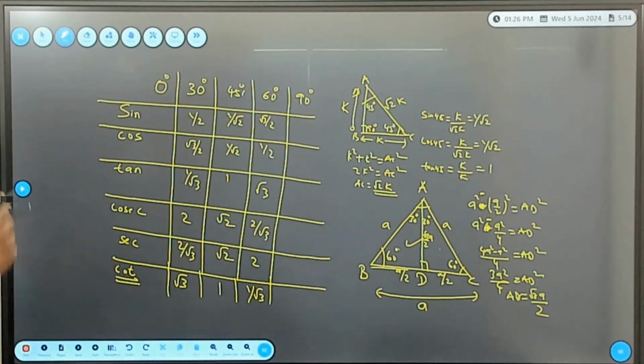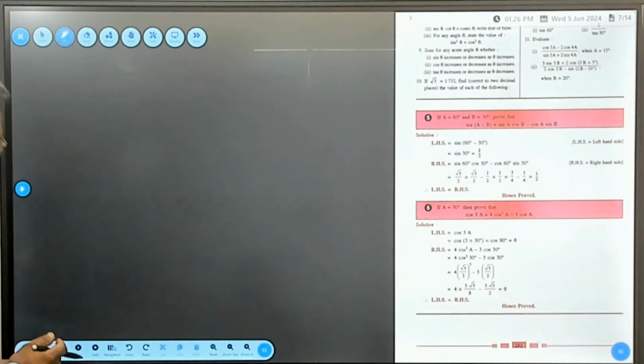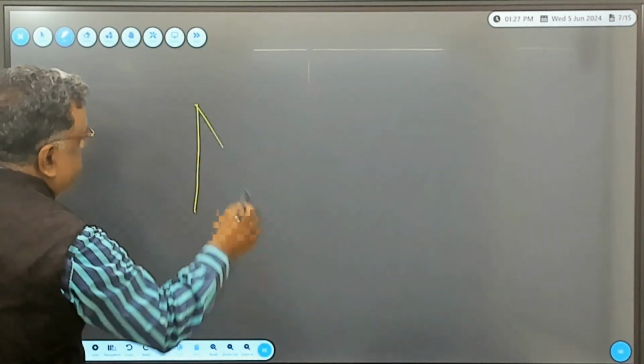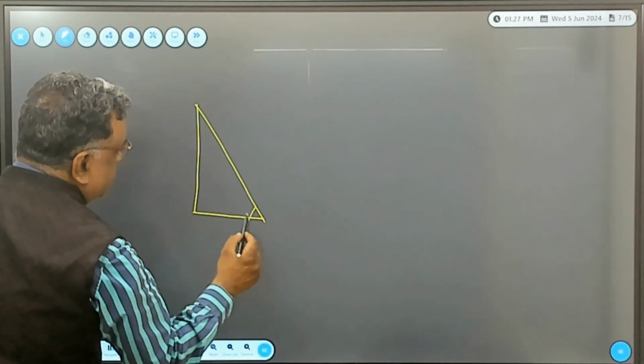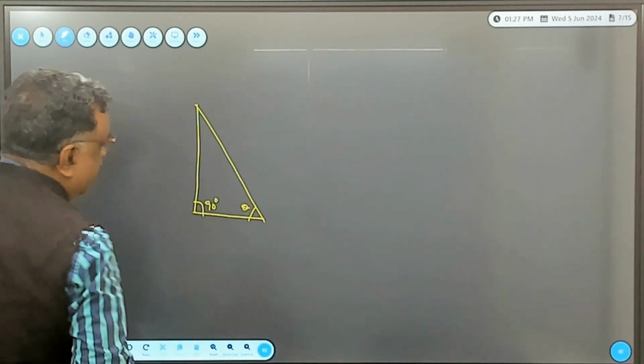Let us try to find out about 0 and 90. It's going to be a little interesting. So for 0 and 90, let me take a standard triangle. I will take this angle as theta, this is 90.